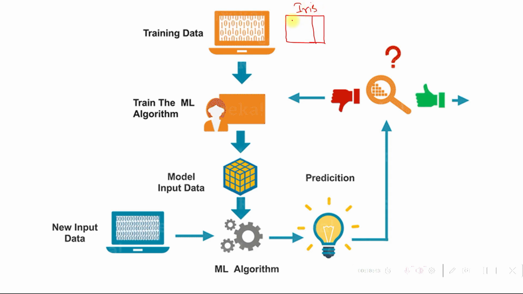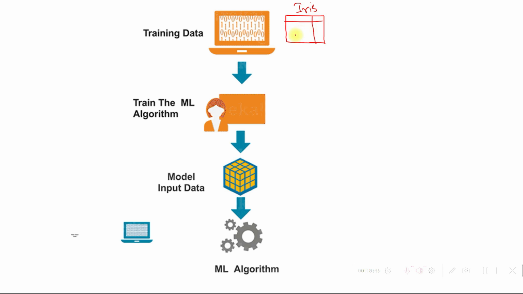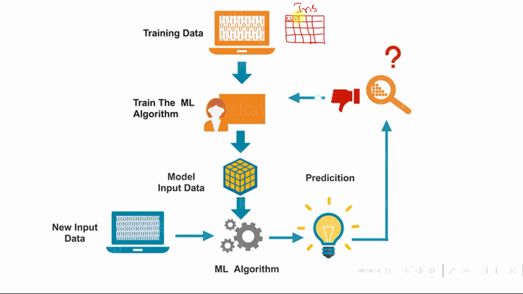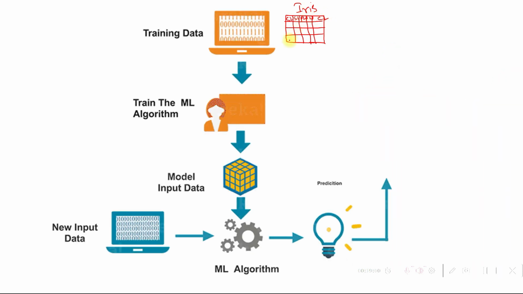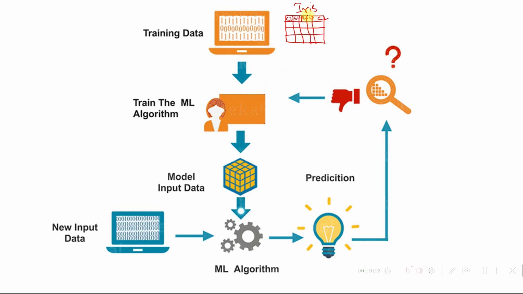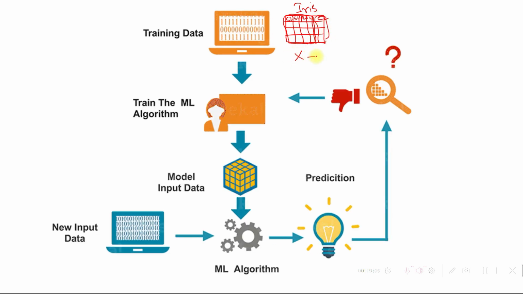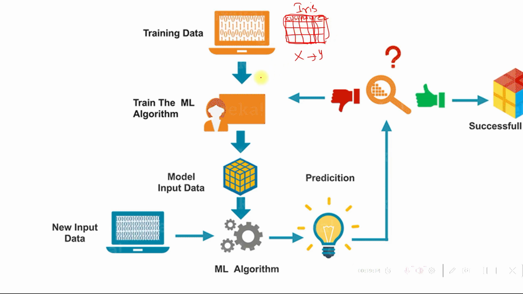It contains different features, like sepal length, sepal width, petal length, petal width, and corresponding class labels. So for our machine learning algorithm, we have to provide the corresponding features and the corresponding y. This is simply called training data.